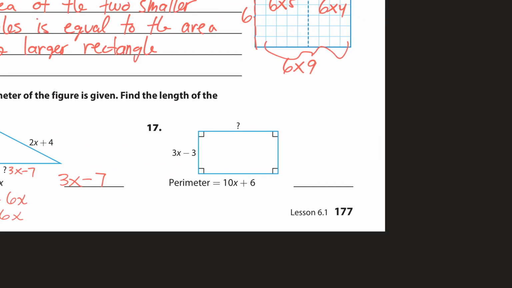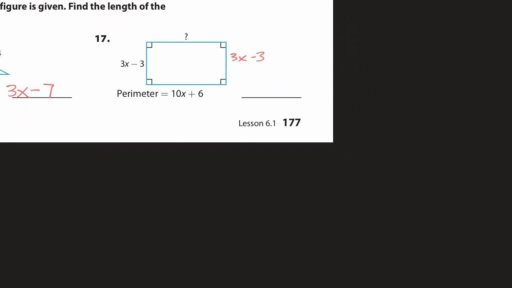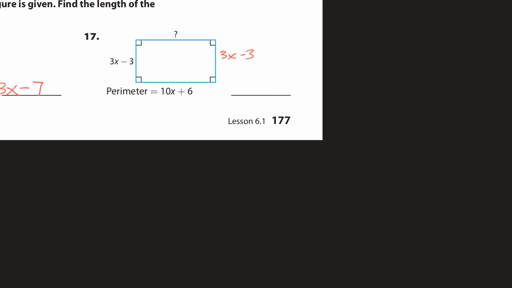This one. Well, let's see. I have this side, which is also 3x minus 3. So I'm going to move this over here so I have some extra room. So I have 3x minus 3 plus another 3x minus 3, plus something is equal to the perimeter, which is 10x plus 6.